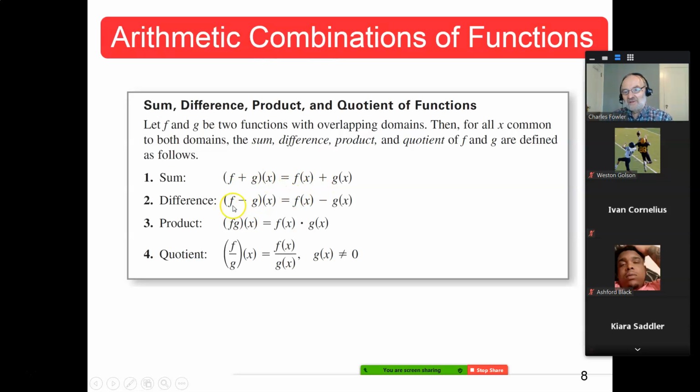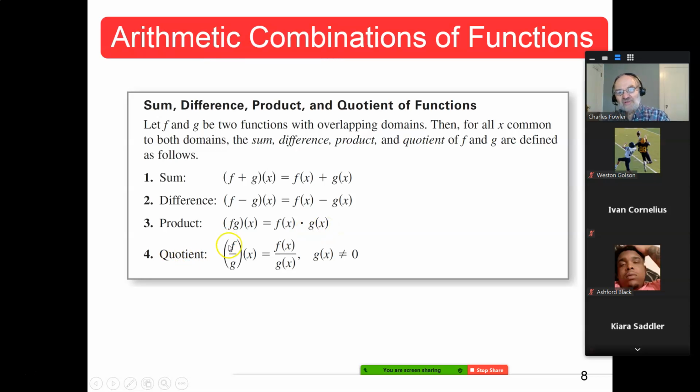Difference function, f minus g of x, is f of x minus g of x. Now here you have to watch out. Domains are okay, but be sure that you put that g of x in parentheses and negate every term in g, especially if it's a polynomial function. The product function, fg of x, is just f of x times g of x, just what you would expect.